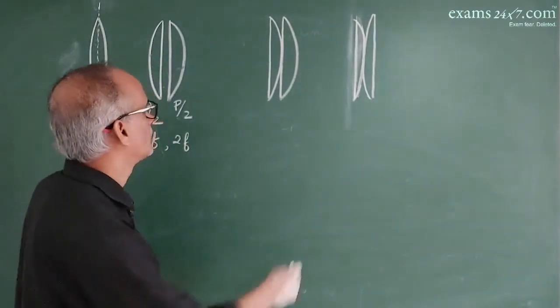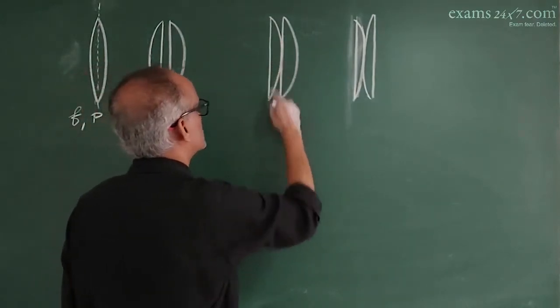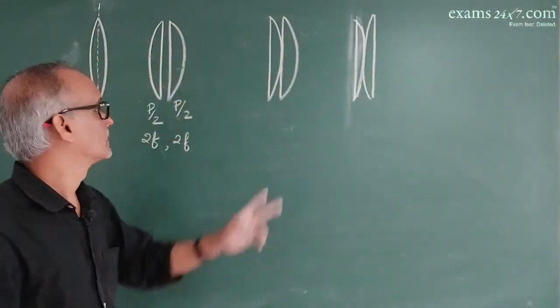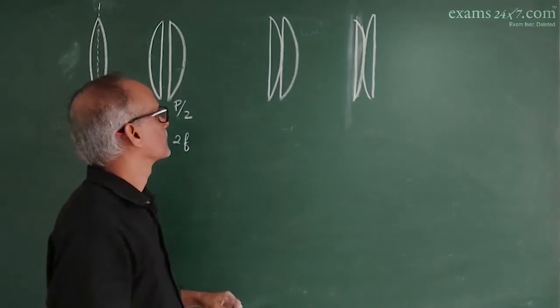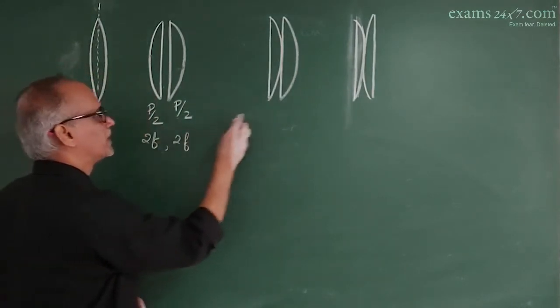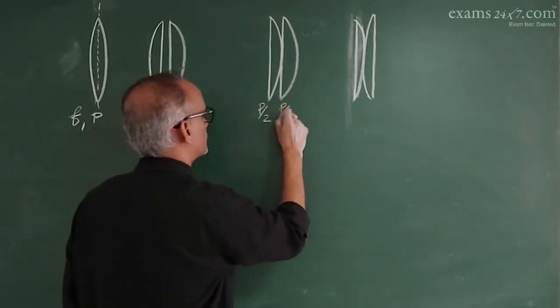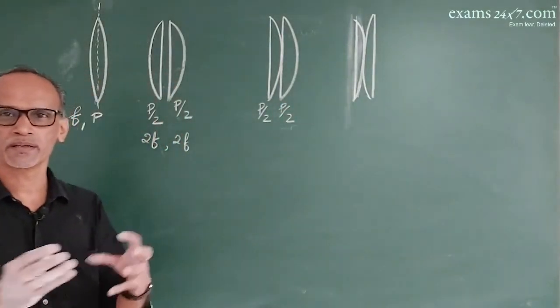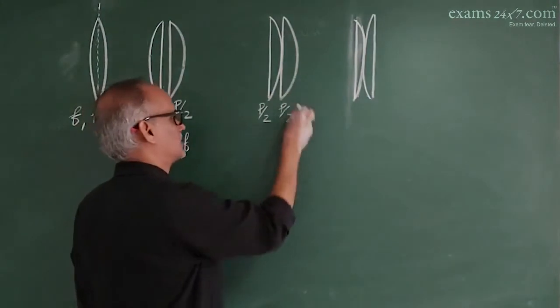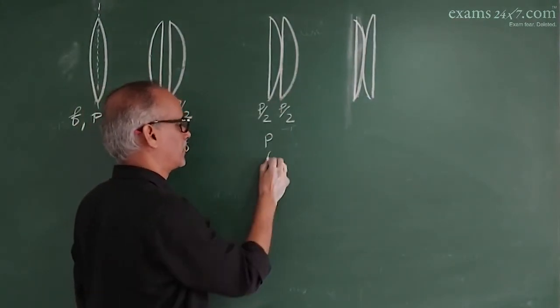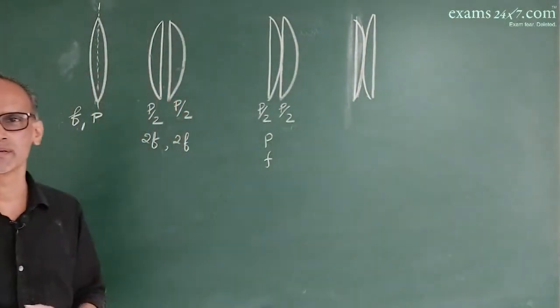And now when the lenses are placed in contact like this, the power of this is P by 2, the power of this is also P by 2. The powers get added up, so the effective power is P and the effective focal length is f.